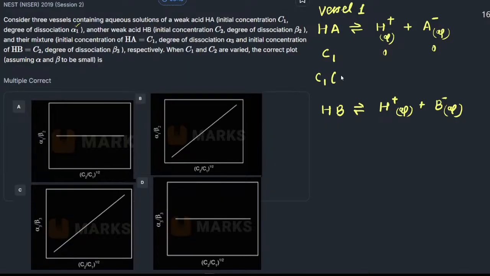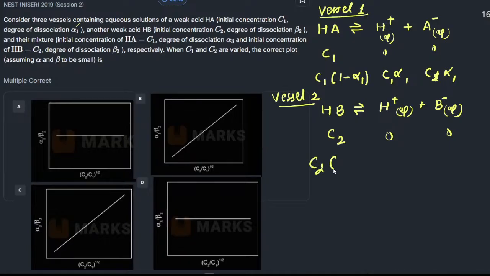So it is C1 (1 minus alpha 1), C1 alpha 1, C1 alpha 1. Second is initial concentration C2 in vessel 2. It is C2 (1 minus beta 2) because it is beta 2. So C2 beta 2, C2 beta 2.